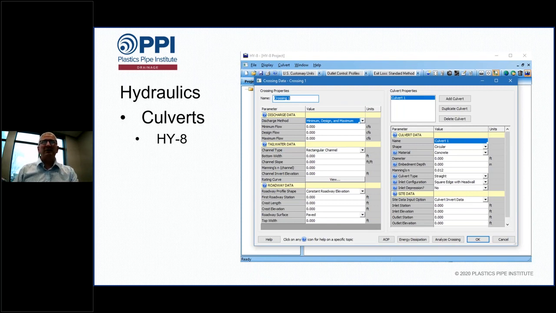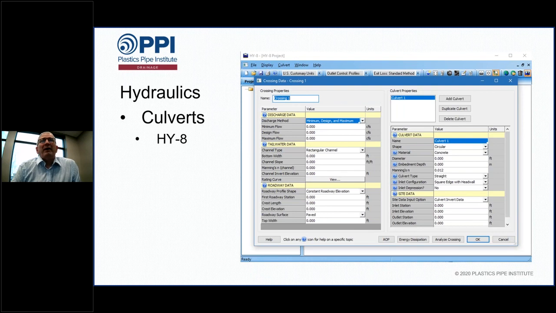I don't want to make you think that it's exact, because under inlet control there is a change depending on the headwater, where the inlet will switch from acting like a weir to acting like an orifice. In HDS, they don't really try to differentiate. They just take the higher number.